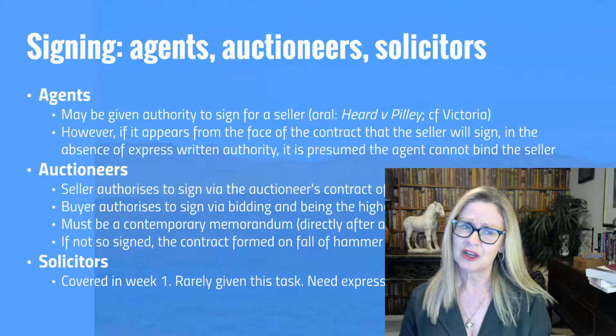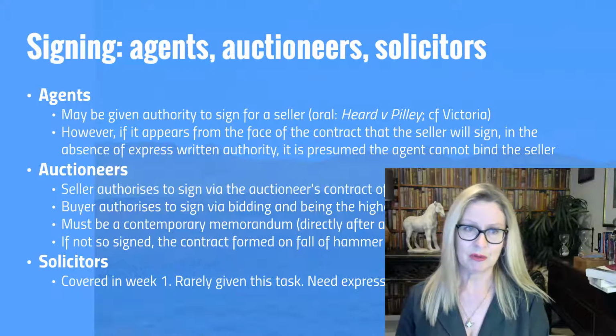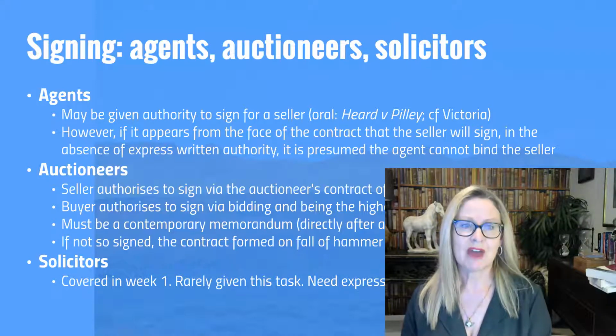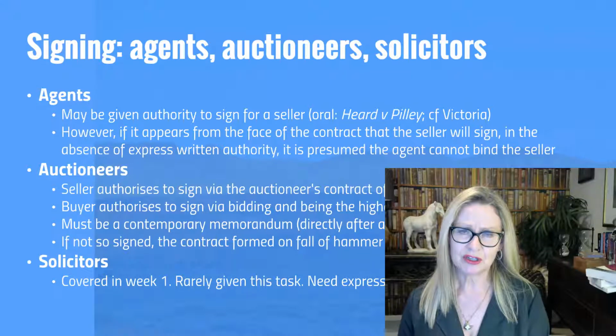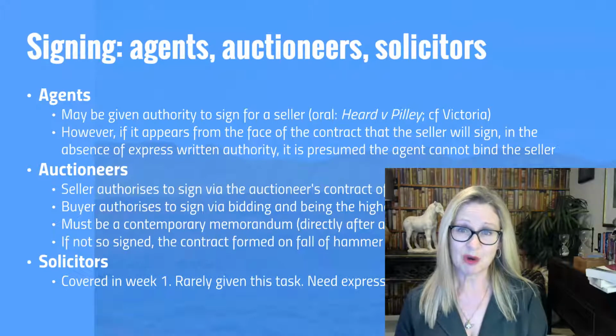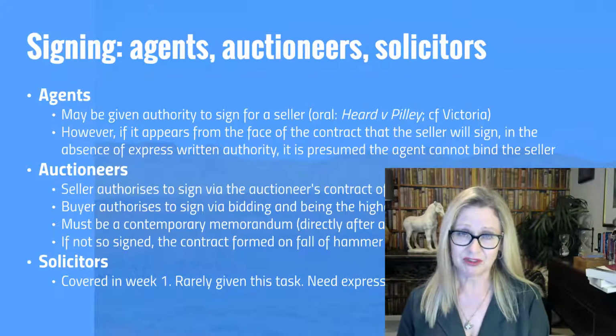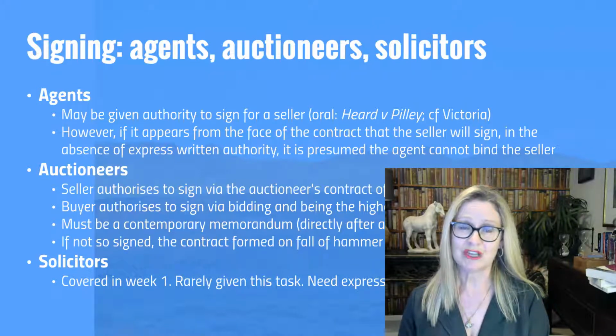We also looked at agents and solicitors in weeks 1 and 2 of this unit, so it should be really clear as a bell by now. In terms of agents, you can give an agent oral authority to go ahead and sign the contract for you, but if it is clear from the face of the contract that it is supposed to be signed by the seller, then you're going to need express written authority for the agent to do that. Fairly unusual.